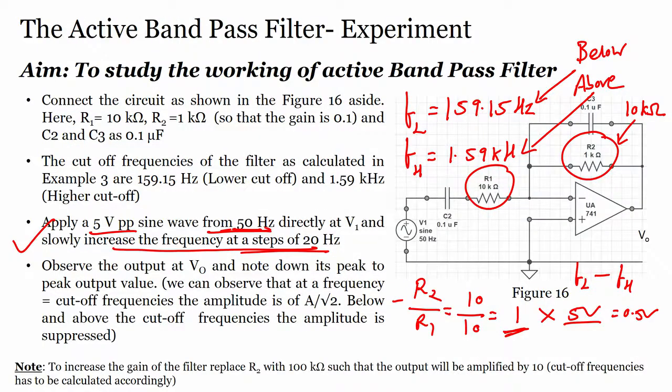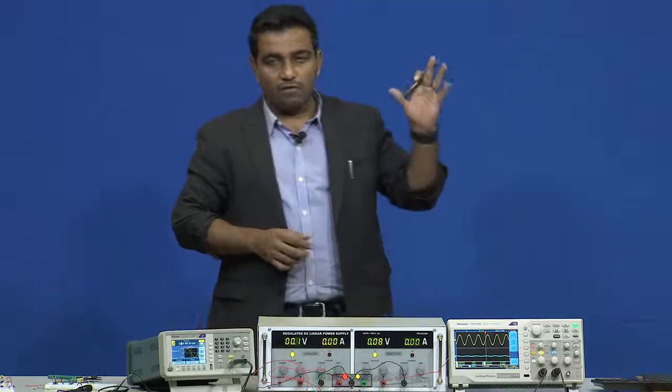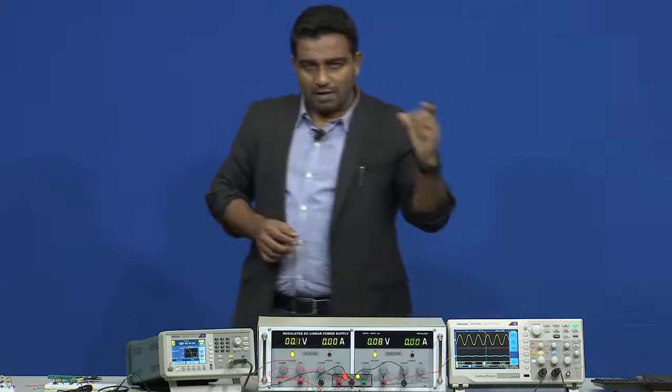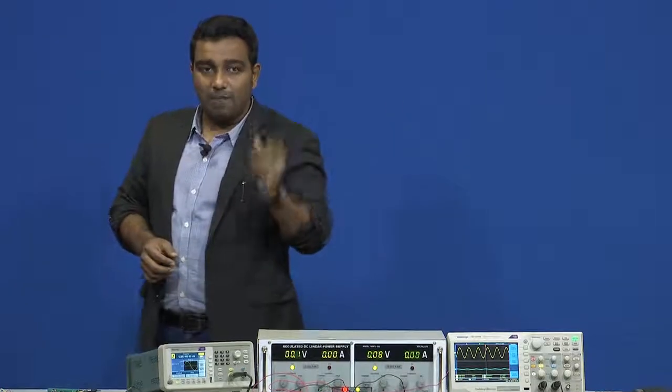In the next module we will see the band reject filter. Until now we have understood the theory of the filters, then low pass, high pass, band pass, active and passive band pass, active and passive low pass, and active and passive high pass.